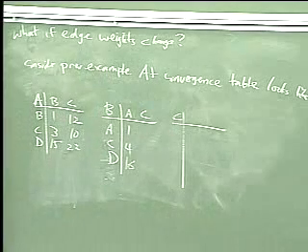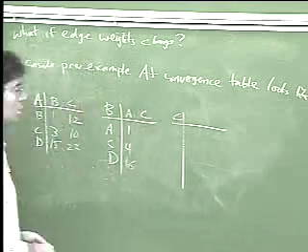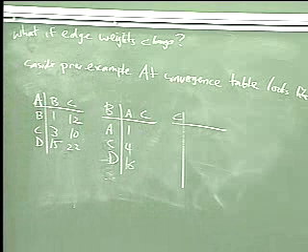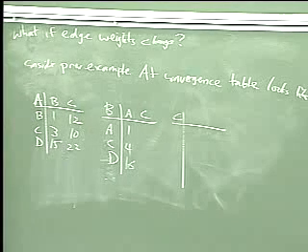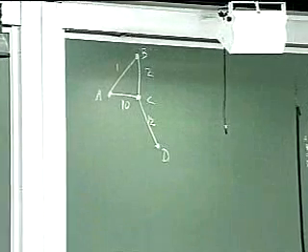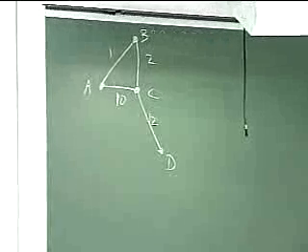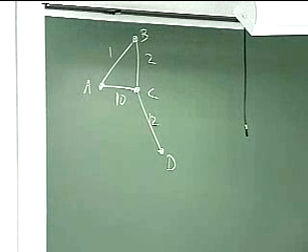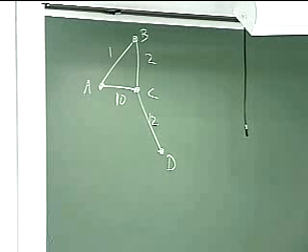For node C, oh, we didn't even finish this table. If B goes through C, then to get to A, it's distance 5, right? B to C, C to B, B to A. Okay. B to get to C going through C is going to be 2. And through C to get to D is going to be 14. Okay, C table.